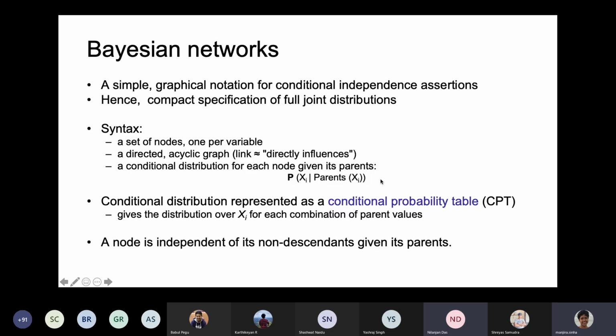In this way, all arrows or links are constructed based on direct influences. And for each node, a conditional distribution is given based on its parents, so we have the probability of xi given the parents of xi. Now, where do we get the conditional distributions? These are represented as a conditional probability table, or CPT.